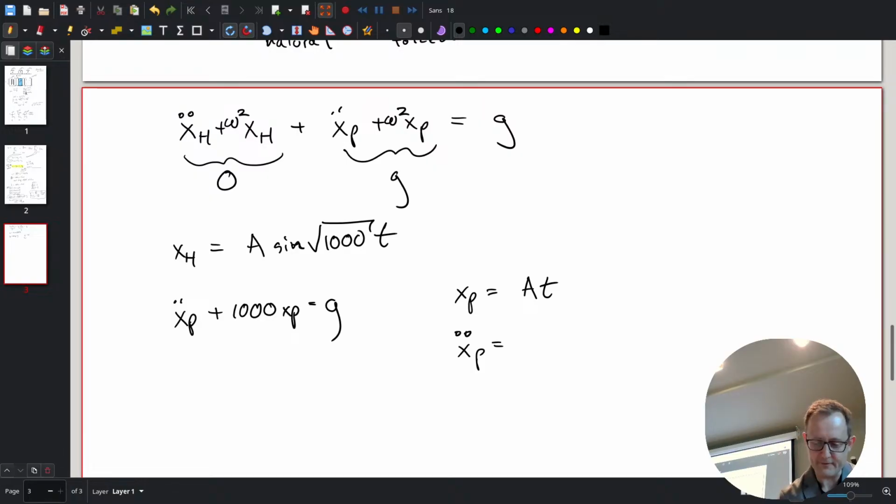Oh, I should use a different variable. Slope, s? S, like that? Slope times time? What's the derivative of slope times time? S times t. What's the second derivative of slope times time? 0.